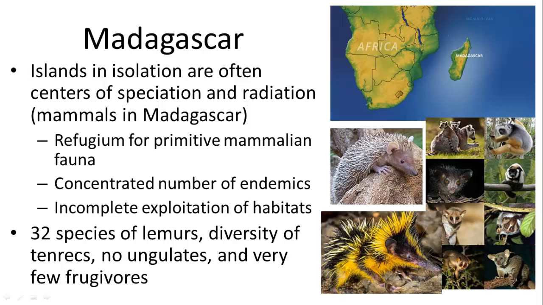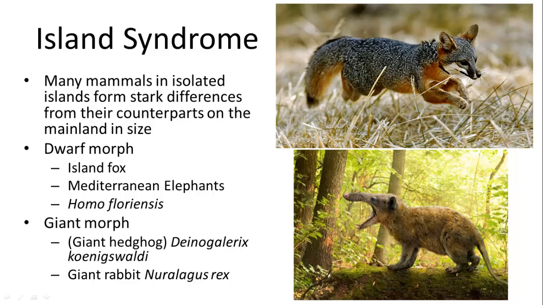Another curious thing with islands is that because they isolate themselves from the mainland, you can have traits on there of mammals on those islands which are very unique. And it generally goes in one of two ways. Either you have a dwarfism occurring, or you have a giantism occurring.